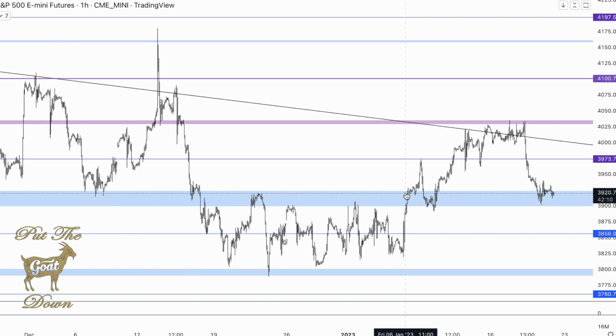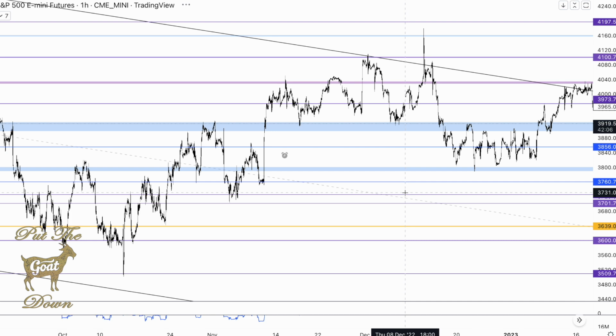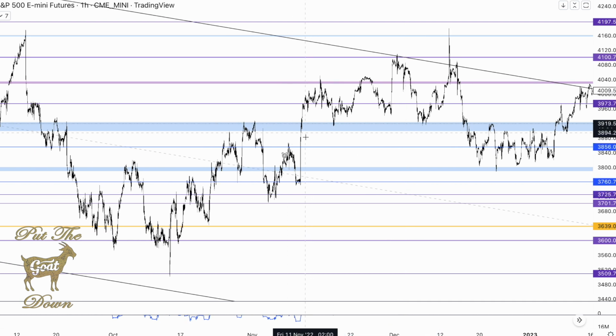it causes a reaction. Now, when I first did it, right, when I'm looking at this level right here, we're talking about October, right? I would have drawn this back in September, and this was a supply zone, right? As price came up, it struggled to get past it because there's a lot of people in there that wanted to enter short.